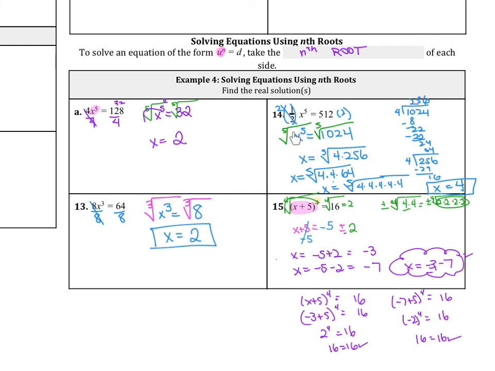Now to get rid of that fifth power, we take the fifth root of both sides. Again, it has to match that exponent. I started to break it down here, so that's where all my work is. I know 4 goes into 1,024, and that ends up being 4 times 256. Then I divided by 4 again: 4 goes into 256 64 times.